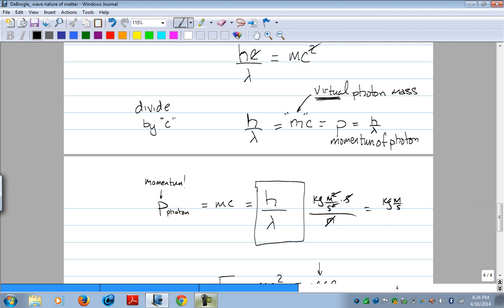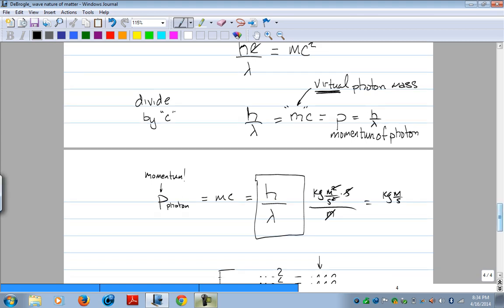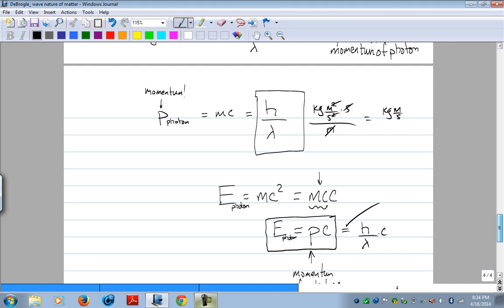And there's one more equation we can come up with here: the energy of a photon in terms of its momentum, the momentum it physically imparts to, let's say, electrons, as electrons crash into and absorb that photon energy. E photon equals mc squared.